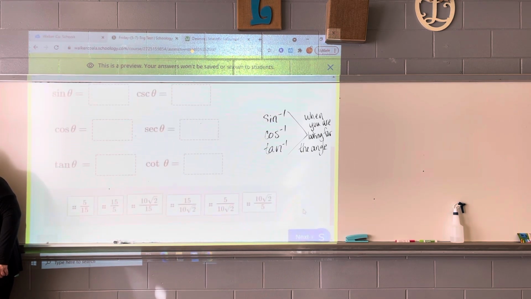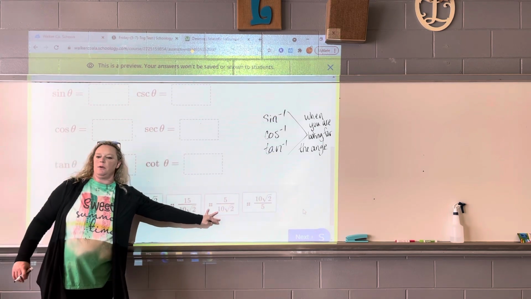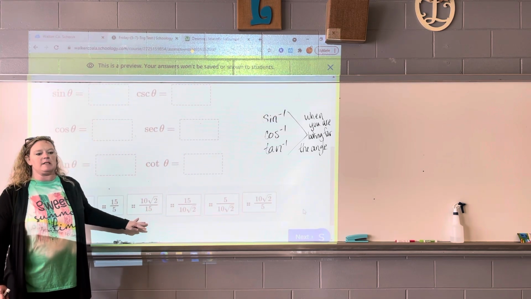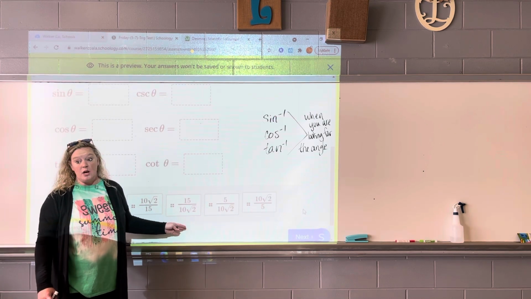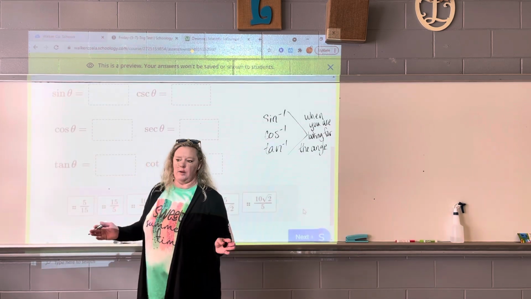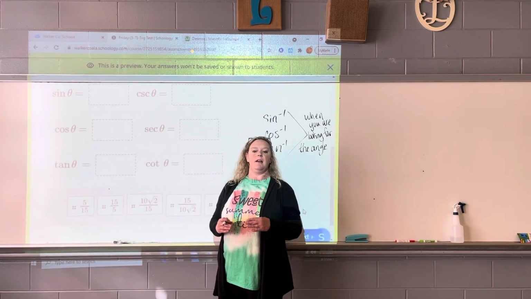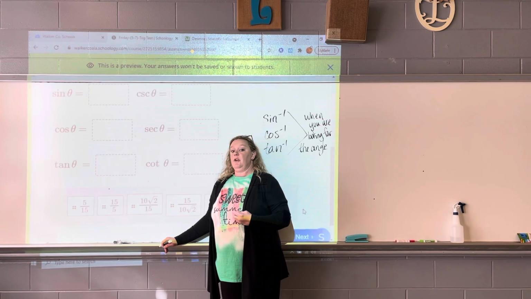Now these have roots in the bottom. Do y'all see that? She didn't even get rid of the square roots in the bottom, and that's fine. Sometimes the ACT will give you a question like that, which drives me bananas, because we were taught never, ever, ever to leave a root at the bottom of a fraction. You never leave the denominator irrational. But whatever.